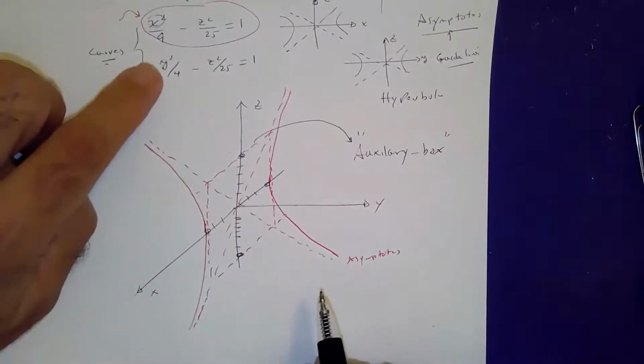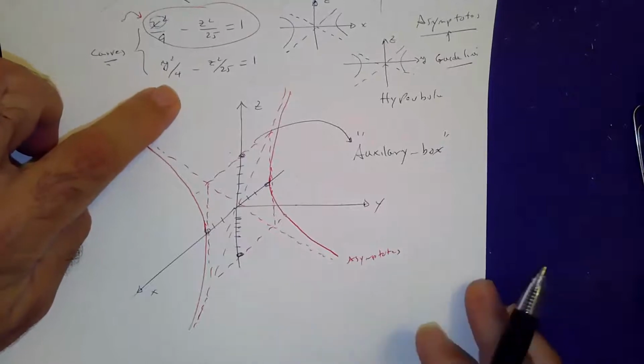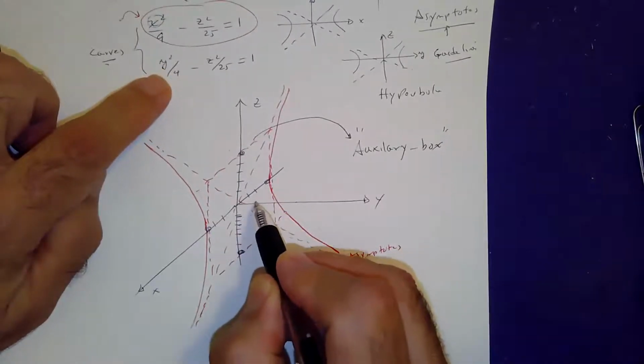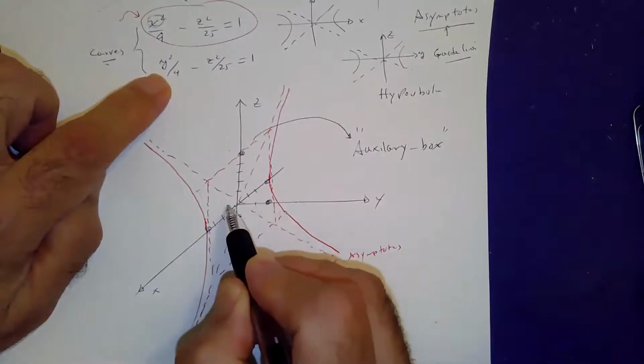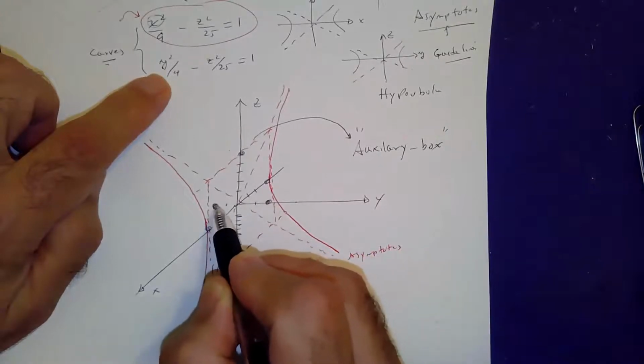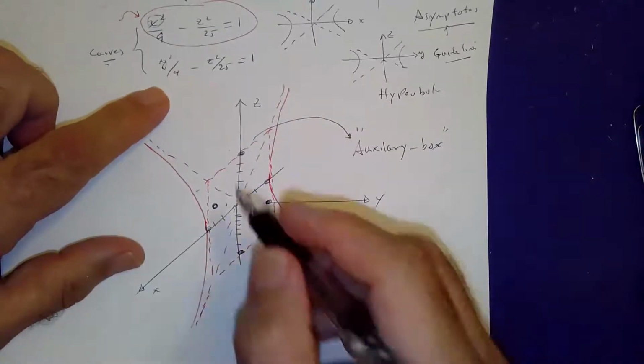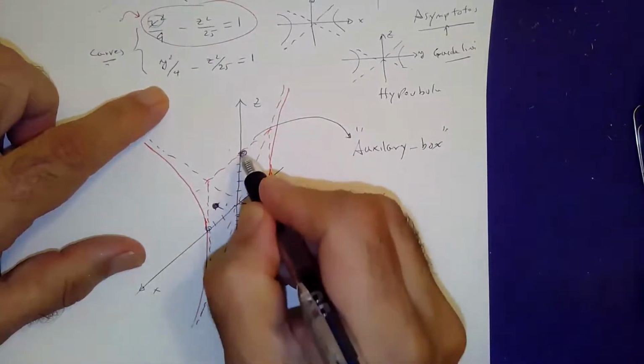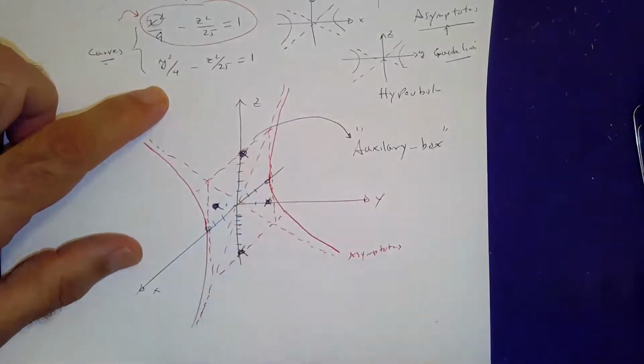So set the numerator equal to its own denominator. So that would be y is equal to plus or minus 2. So here is 2, here is 2, and z is still what? Plus or minus 5. Now I have to make a box with these 4 points.